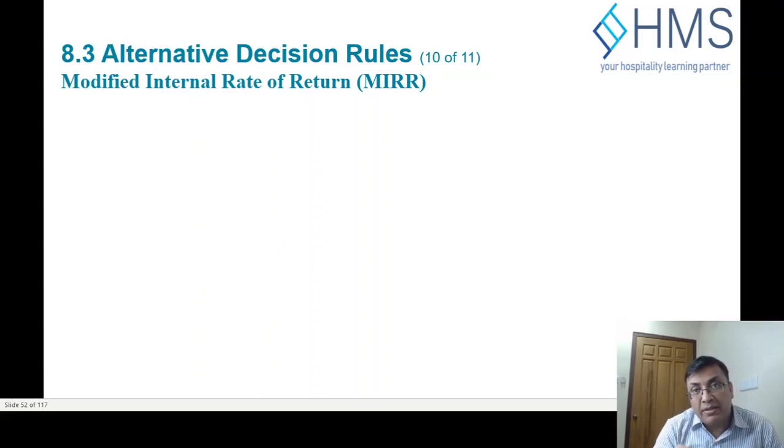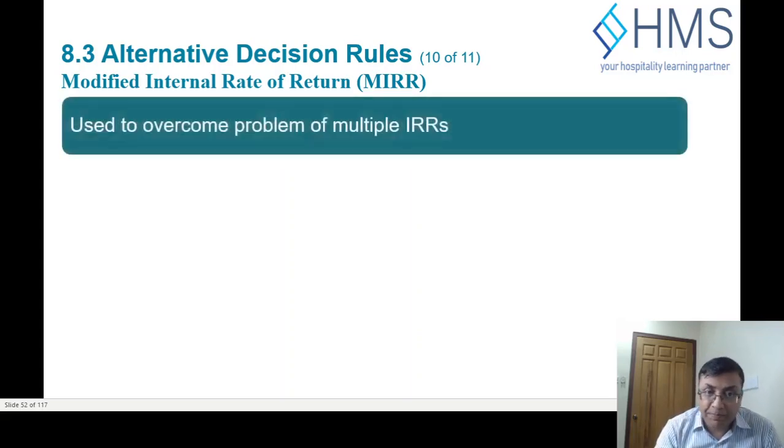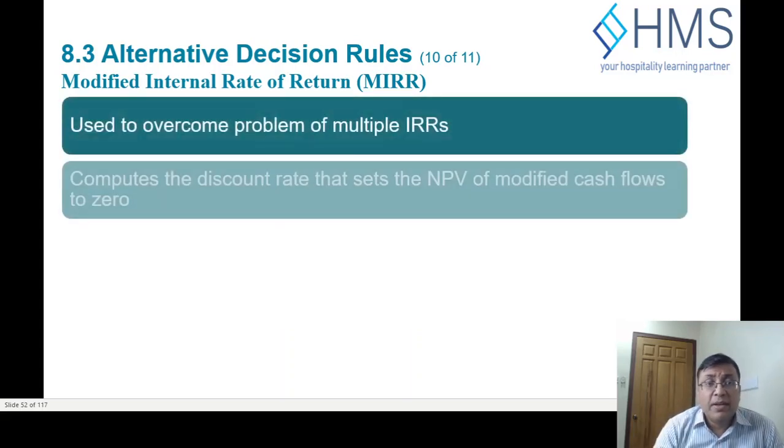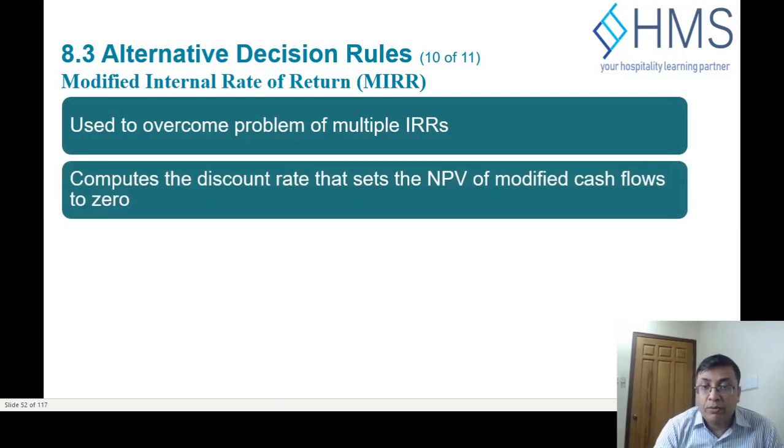To avoid this, normally we calculate a modified internal rate of return. Modified IRR means we modify the cash flows before calculating the IRR, and then we get a modified IRR. We do that by two methods.